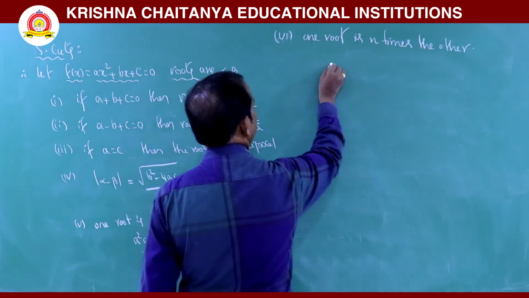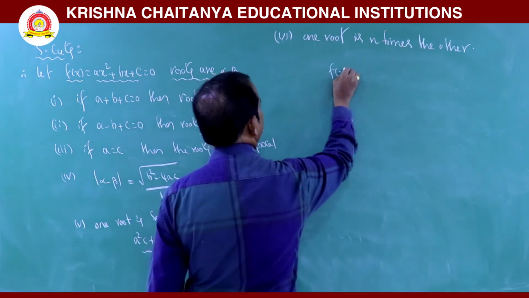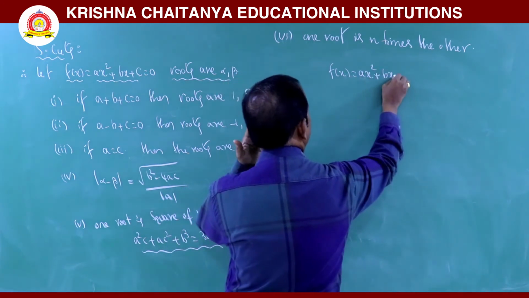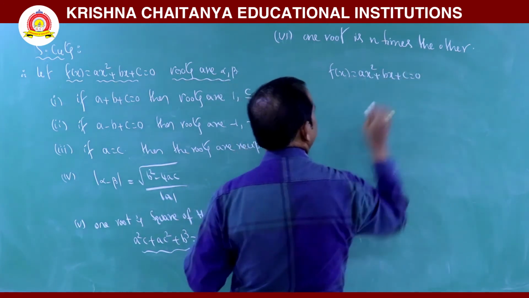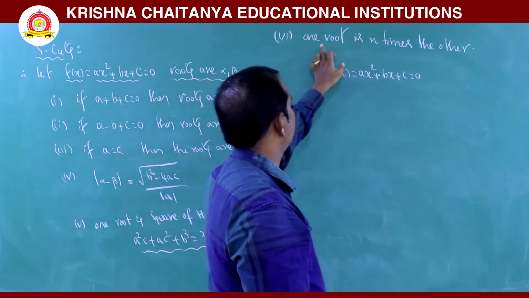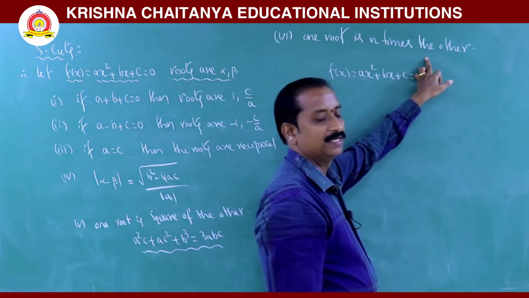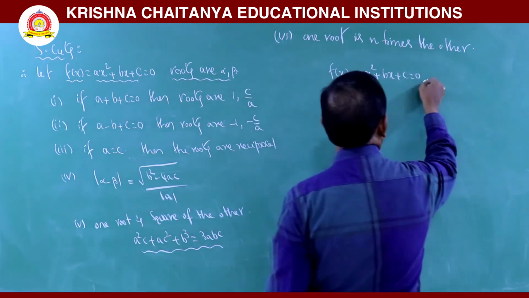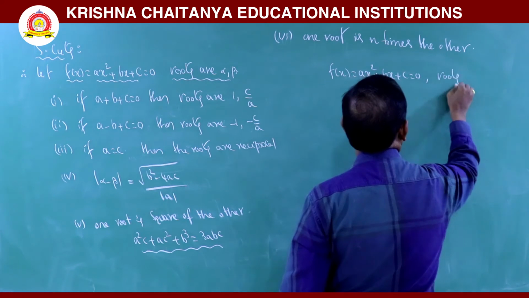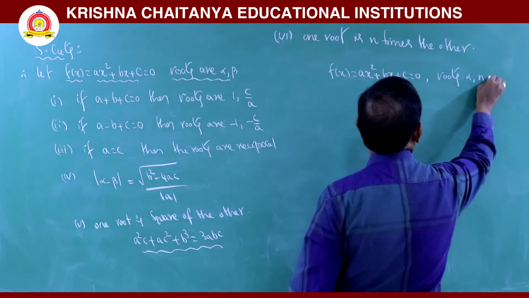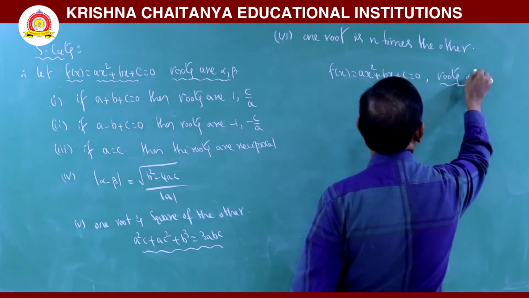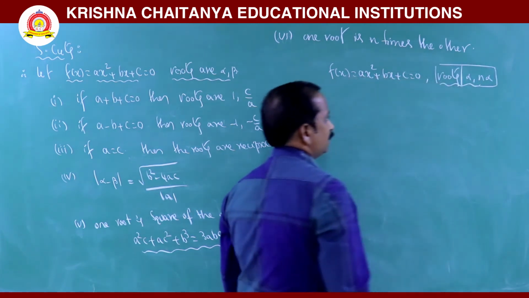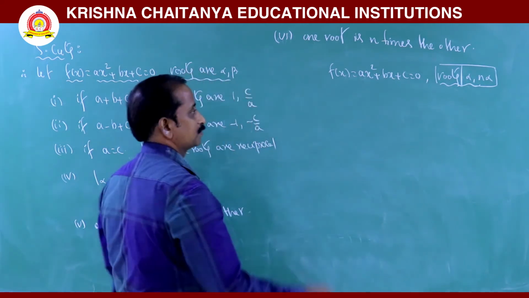Now we know that quadratic equation is nothing but ax square plus bx plus c is equal to 0. Using this condition, one root is n times the other means roots are alpha comma n alpha. Whenever we know the roots, immediately we can take sum of the roots and product of the roots.